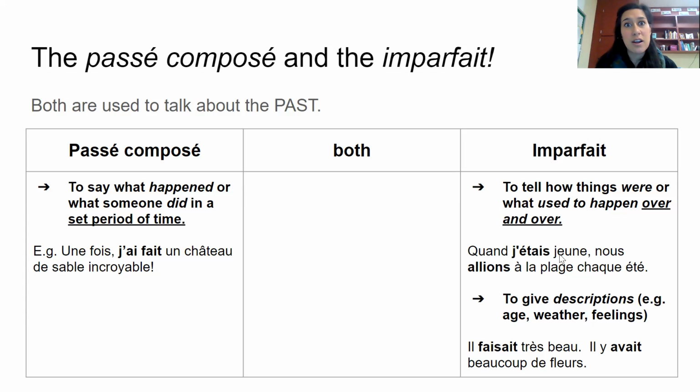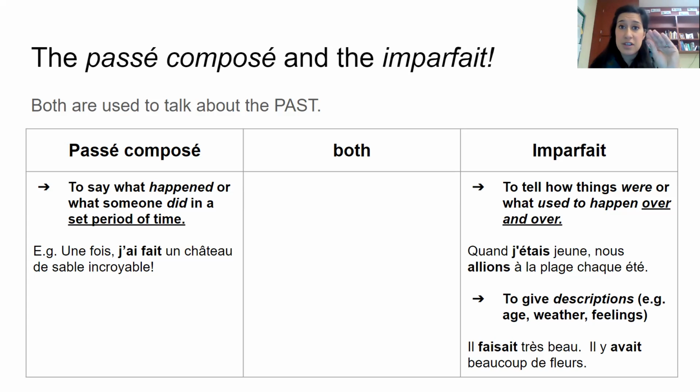So when I was young, we went to the beach every summer. So this is like a continual thing, every summer when I was young, we went to the beach. In English we would say we went to the beach, or we would go to the beach, but it's a continual thing that would happen. So we would use that imparfait. Not je suis allé.